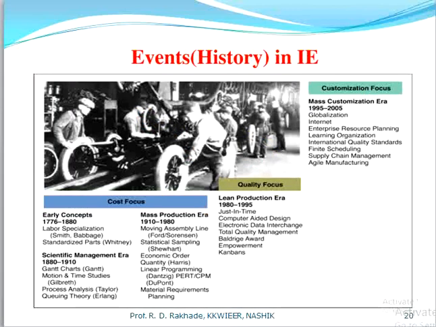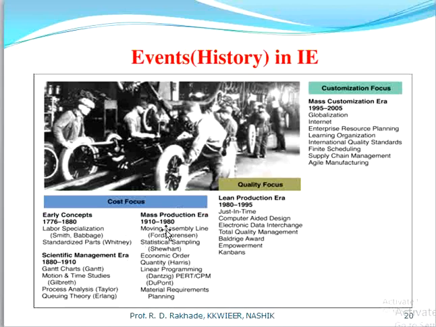If you go through the history of industrial engineering, the earlier concept from 1776 to 1880 was labor specialization, meaning money paid for some work, a relation between work and money. Then from 1880 to 1910 there was the scientific management era, meaning proper study of motion and time to reduce cycle time.